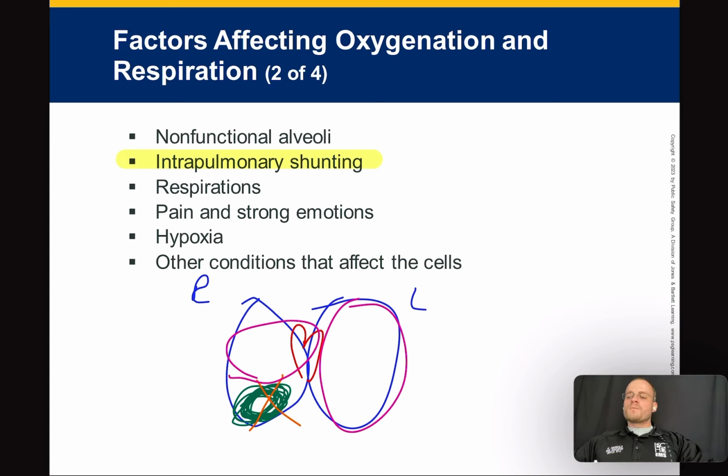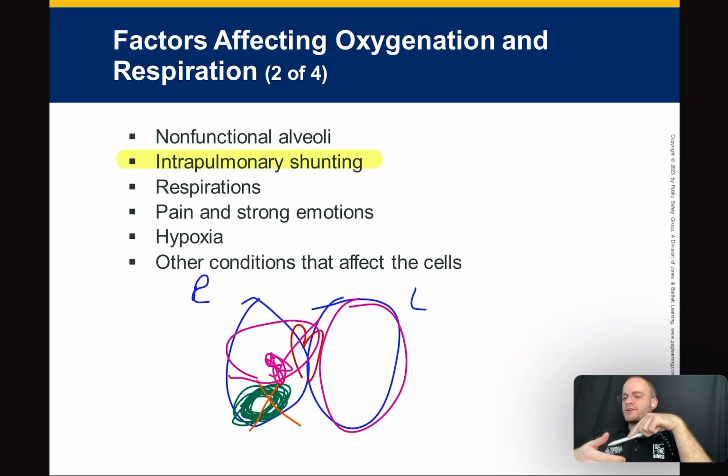That's one example with pneumonia, but this could also happen with a pleural effusion or pulmonary edema or a peanut stuck right here and blocking off the entire right lung, right? It'd be like, whoa, there's not a lot of oxygen over here. Just shunt it. Send all the blood to the left lung. That's an extreme case, but send all the blood to the left lung because we know the left lung's working. This process is slang for shunting, but it's called intrapulmonary shunting.